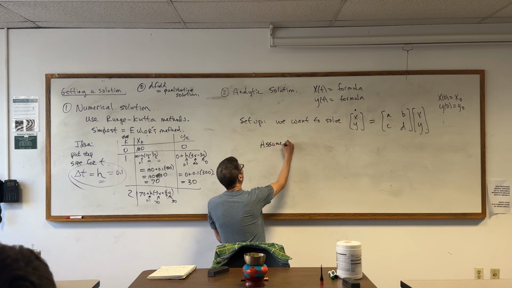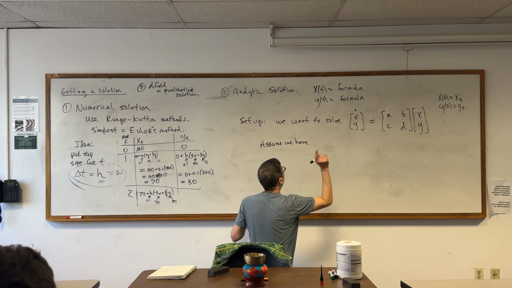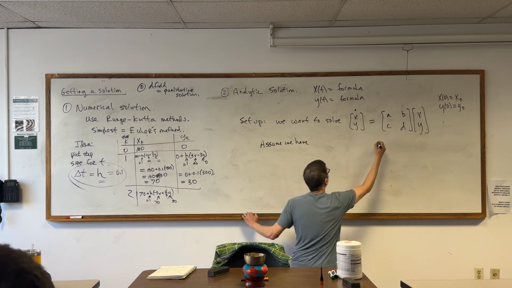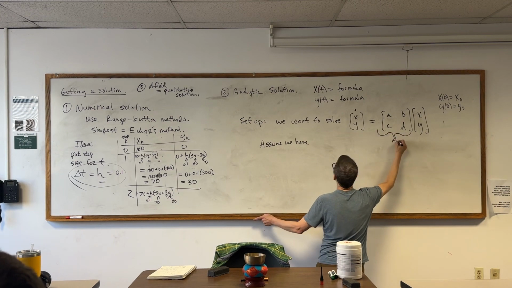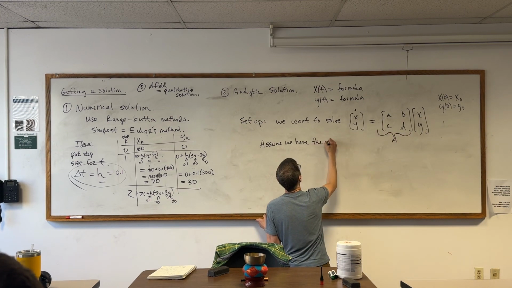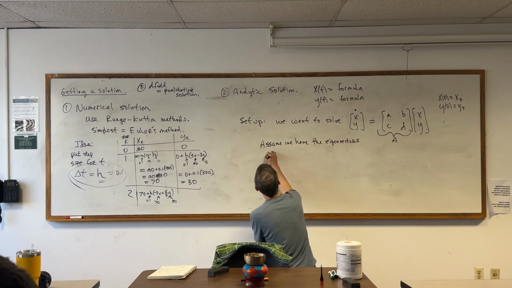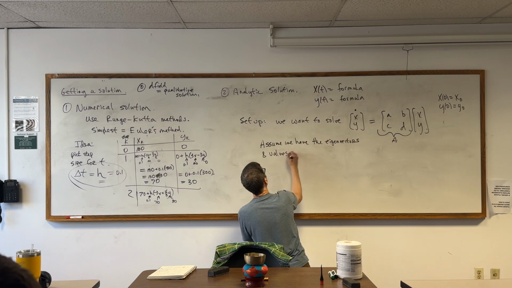Assume we have the eigenvectors and eigenvalues for this matrix A. Let's call this beast A. The eigenvectors, and this is why we did all this stuff, not just to forget.